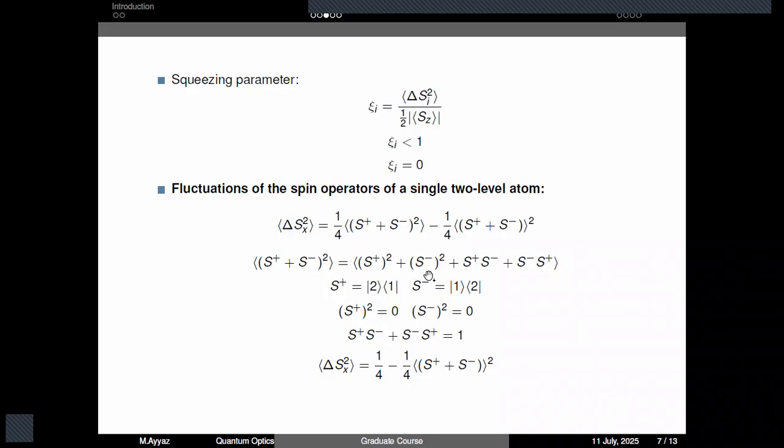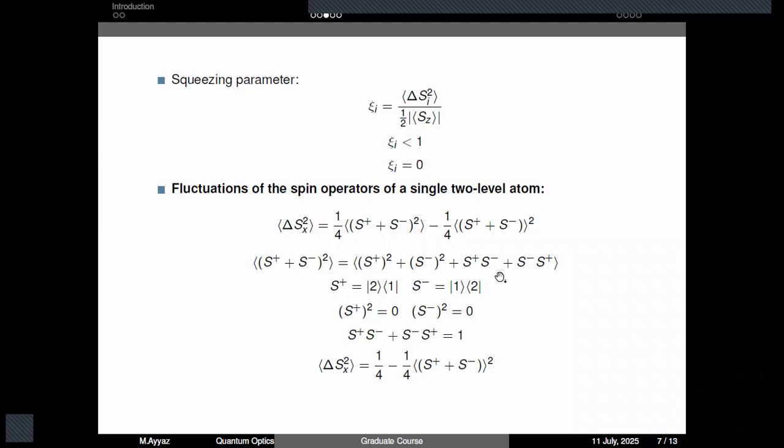We can expand this term like this, and we know that the spin up and spin down operators can be written as this. If we square them, they are going to give us 0. We can check this by taking the complex conjugate of the spin operator and then multiplying with itself, and we can see that it is going to be 0.